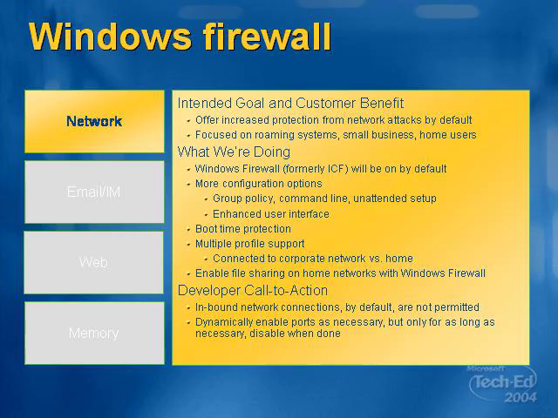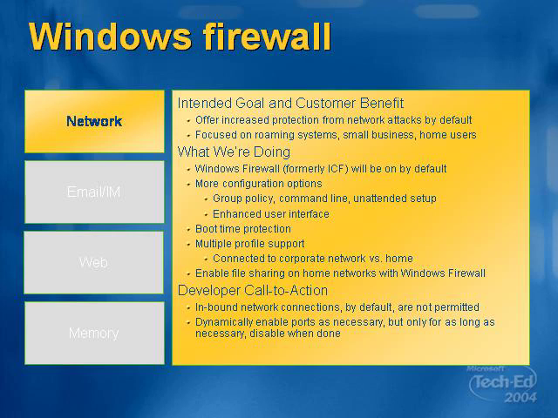Often it was very, very difficult for the user to configure that and understand what the change was that they were making. So a lot of users and a lot of ISP support departments would simply tell their customers, oh, turn the firewall off. That's the easiest solution. Rather than walk you through how to configure it, they just turn it off. Unfortunately, that defeats the purpose of having the firewall in the system.